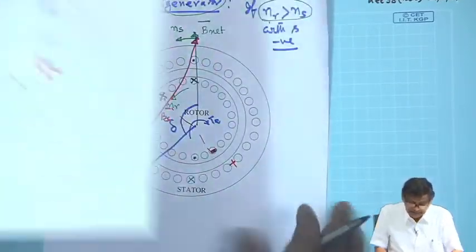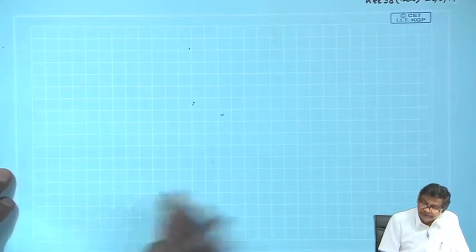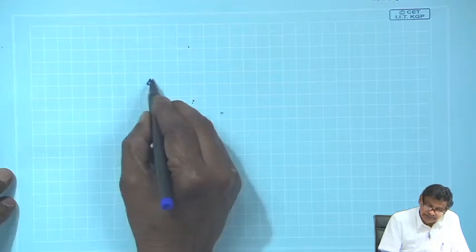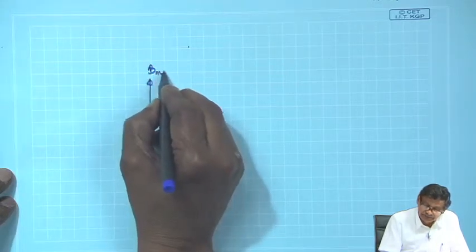Henceforth, I will just tell you one thing: in any machine, if there is a net field, this is the conclusion I want to draw.